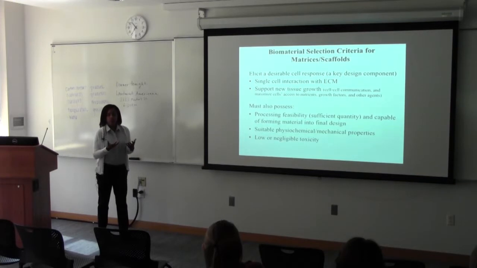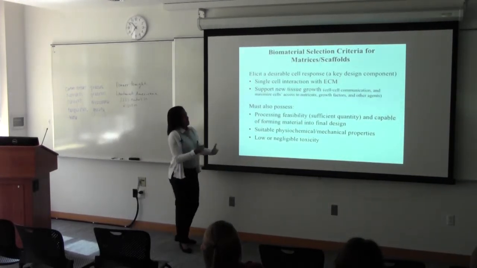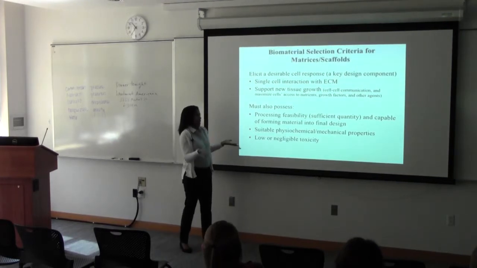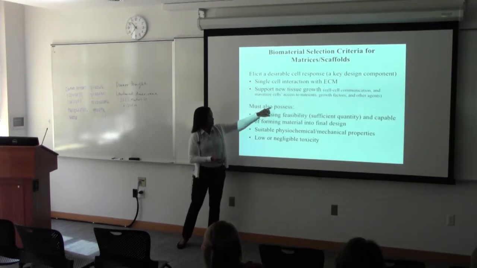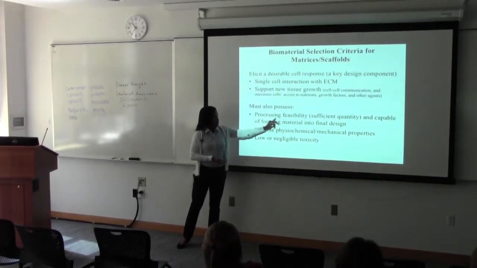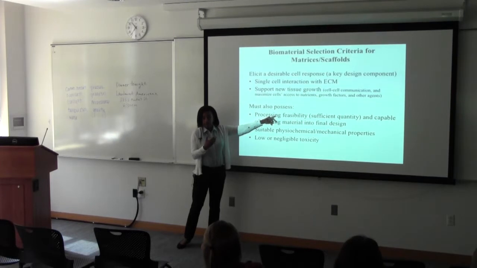So things that we think about as engineers, trying to put these things into dishes, is making sure that you can have a good amount of these things and be able to process it. So these biomaterials, we need to be able to process them or even manufacture them if we need to get to that level. If you're actually developing a product out of this that you're going to sell, you need to be able to manufacture it.